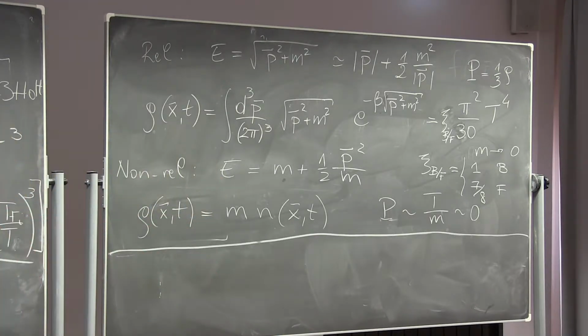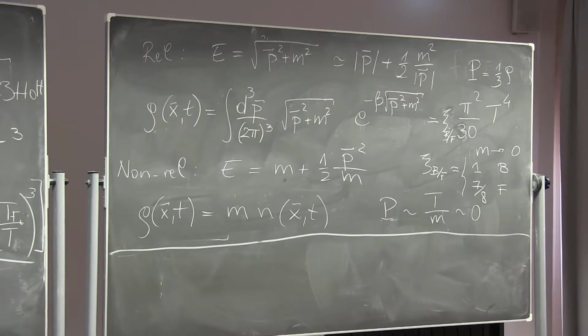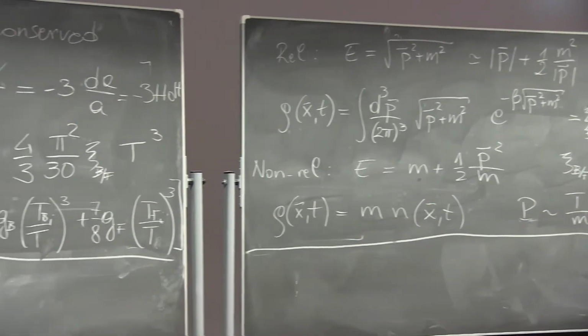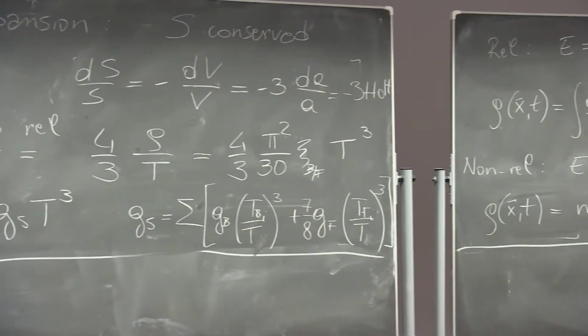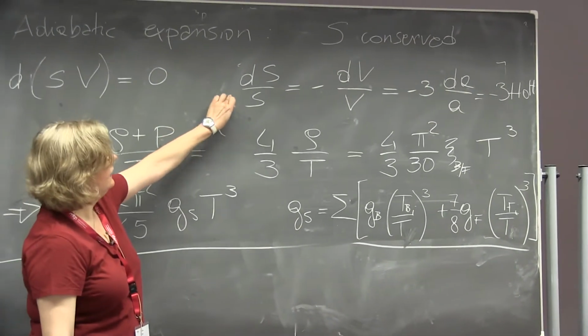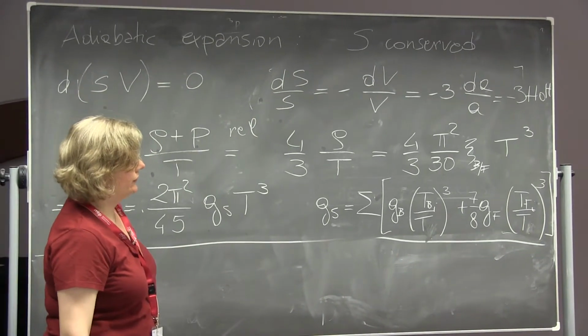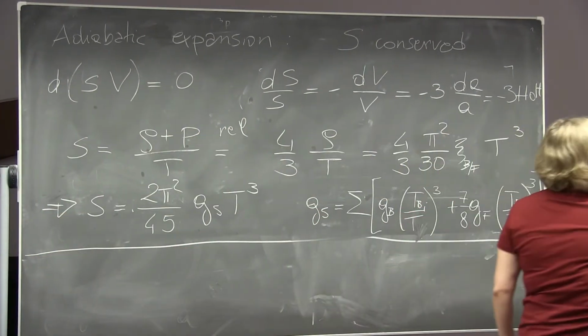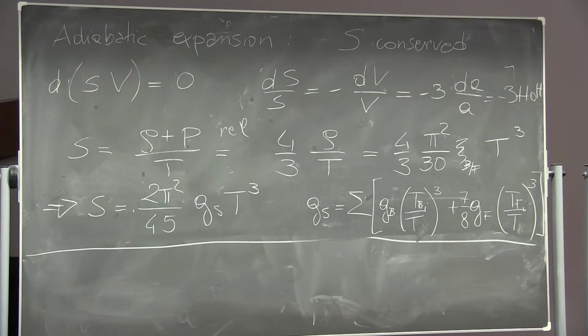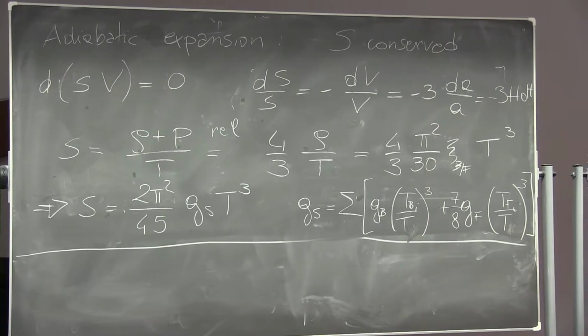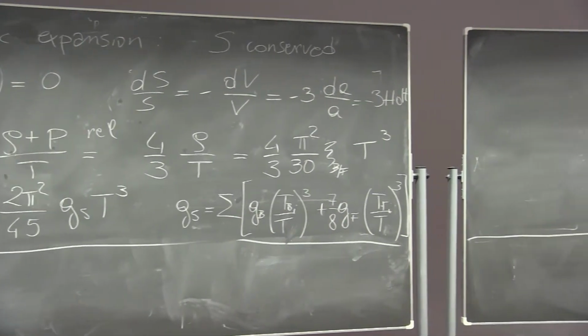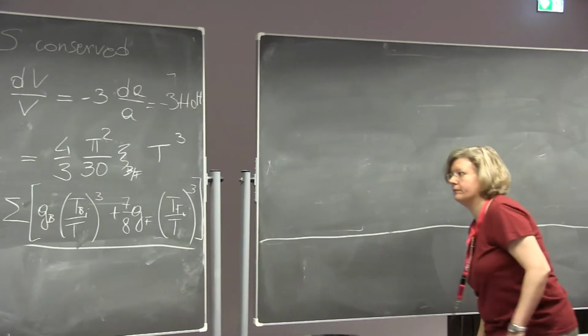Let me go on with the issue about the entropy. So I have the entropy which goes like T cubed. What happens then with the temperature? I know, as I said, that the total entropy is conserved, and therefore if I look at the change of the entropy, this will give me how the temperature changes with the expansion of the universe.